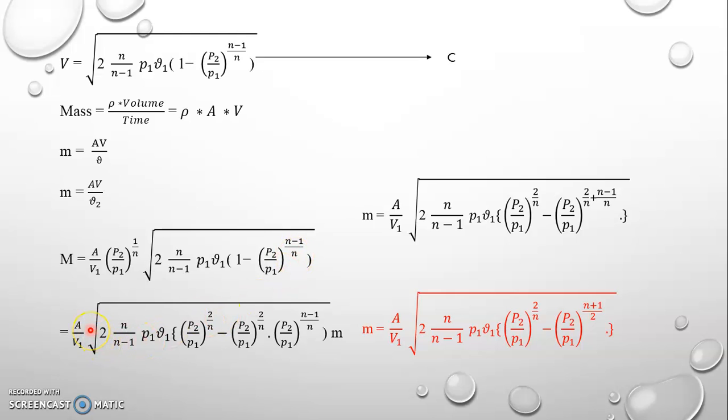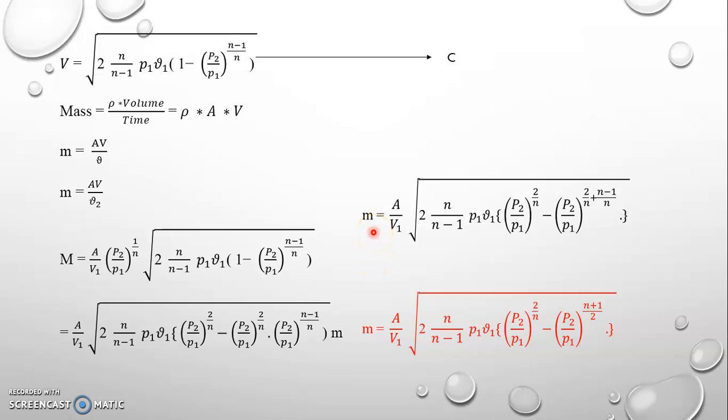Finally, we get area by V1 into square root of 2 into n upon n minus 1 P1 V1 into (P2 by P1 power of 2 by n minus P2 by P1 power of 2 minus 2 by n into P2 by P1 power of n minus 1 divided by n).